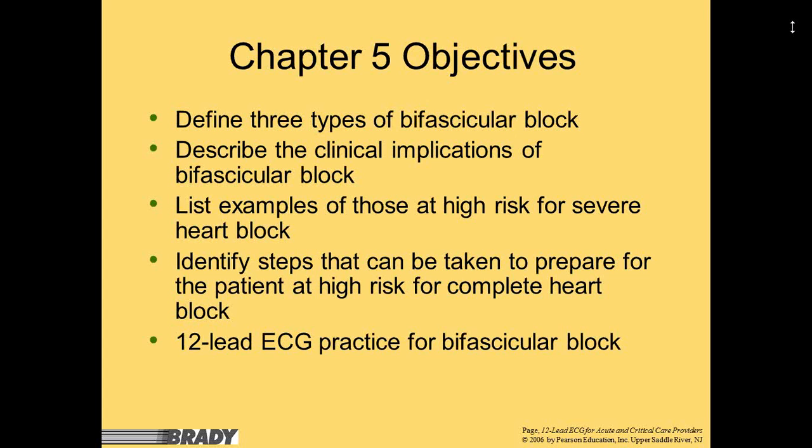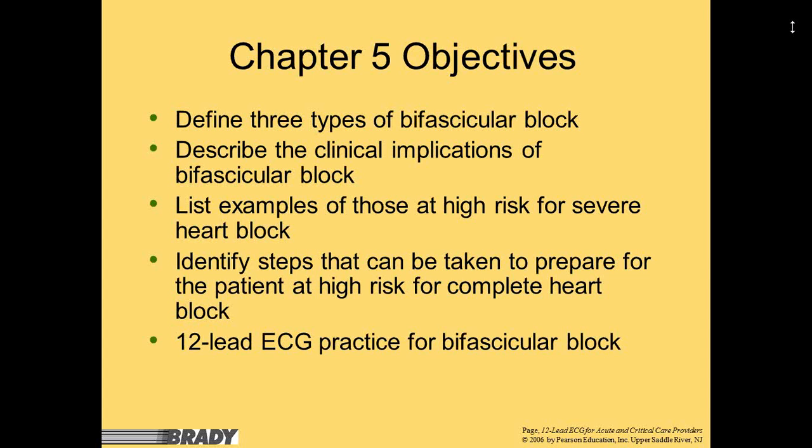So what we're going to talk about very briefly is defining the three types of bifascicular blocks, describe the clinical implications of a patient that would have these bifascicular blocks. We're going to talk about some examples of those that are at high risk for these blocks.